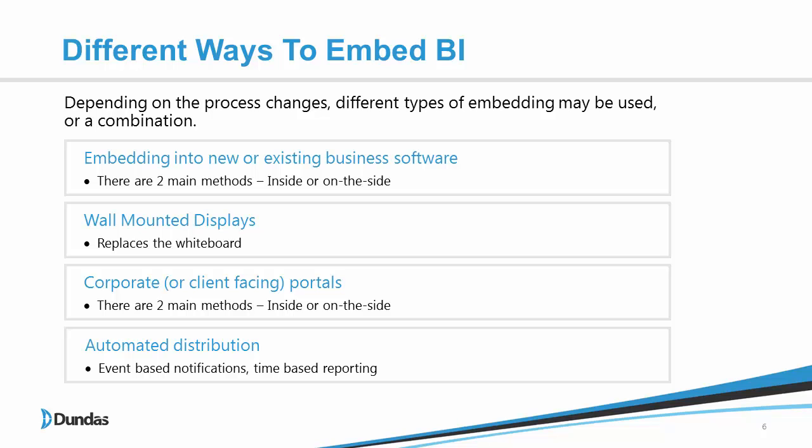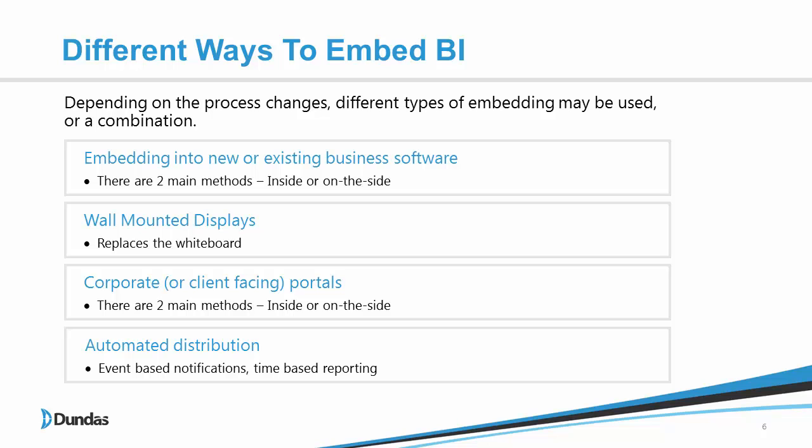This is very common when you see reporting portions to a lot of products. You either look at the main part of your product or you look at your reporting part, where the inside is about integrating those two together. So let's say, for example, a CRM, we go to a client record. We may see analytics about that client right there instead of having to go and run a report for that client.